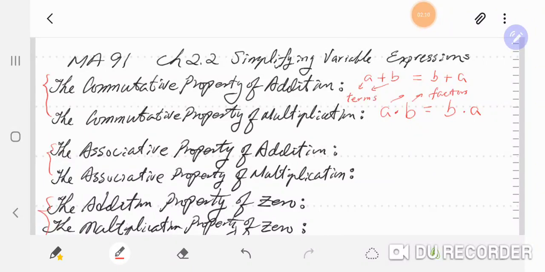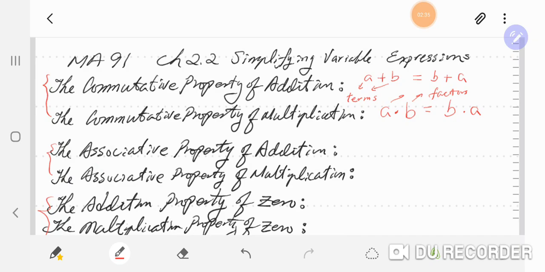A and B are numbers or variables, but their names are different. For addition, each part is called a term. For a product, each part is called a factor.